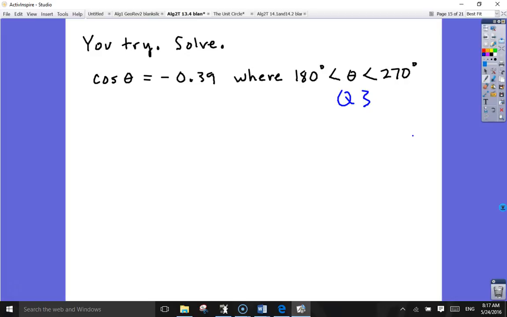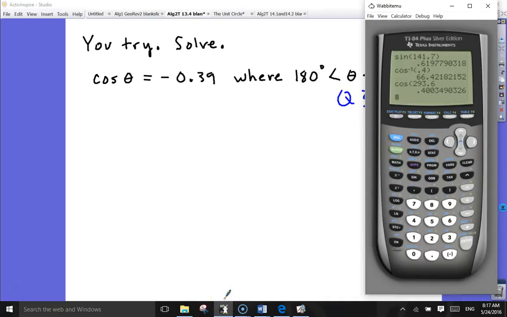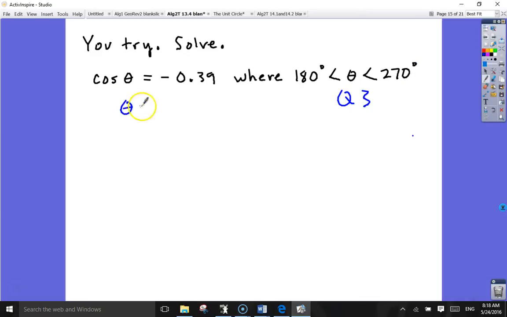Okay, let's go. So the cosine inverse of negative 0.39. Second, cosine inverse, negative 0.39. 112.96, that's like 113, right? So theta equals 113 degrees.